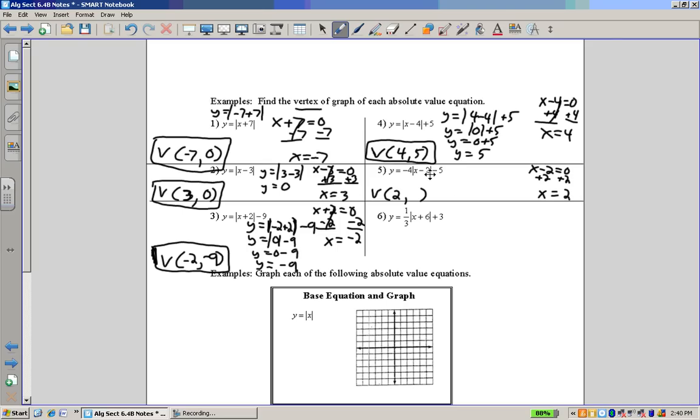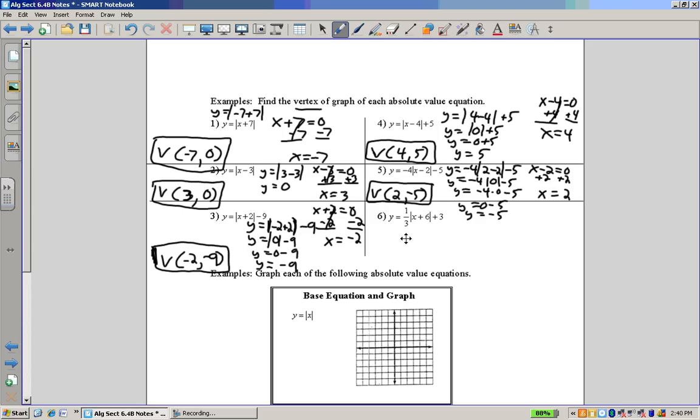To find the other half, as usual, I simply plug it in. So negative 4 times the absolute value of 2 minus 2 is 0, so the absolute value of 0 is 0. Negative 4 times 0 is 0, and 0 minus 5 is negative 5. So there's my vertex, 2, negative 5.